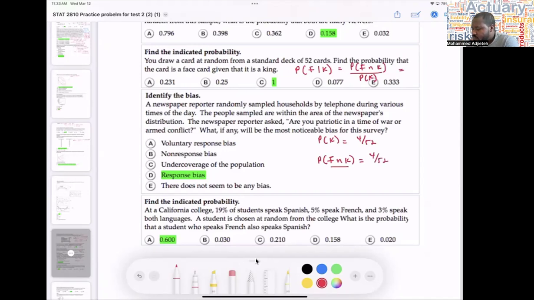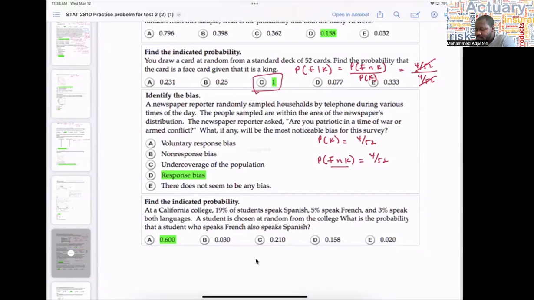So then this gives us 4 divided by 52, divided by 4 divided by 52. This cancels everything here, and so that is 1. So that is how to answer that.